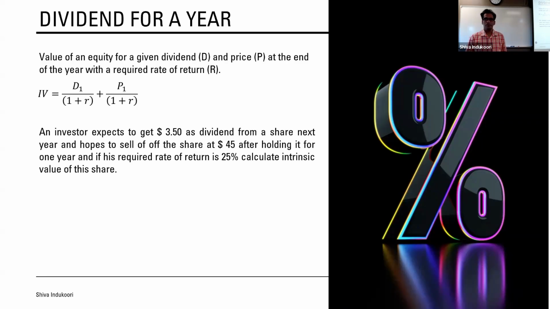Just for 1 year. You can use any calculator also for this. Simple calculator will do. Dividend discounted by 1 plus R, where R is 25%, so 0.25. So dividend discounted by 1.25, price discounted by 1.25. You will find the intrinsic value.